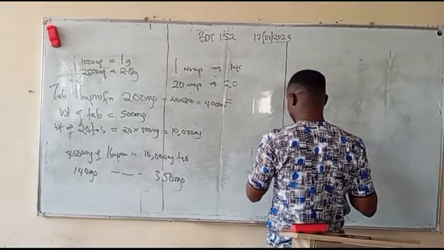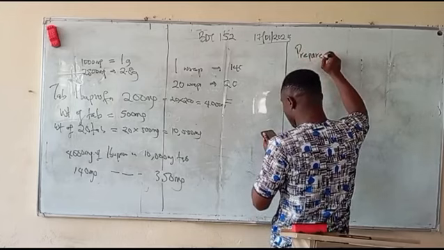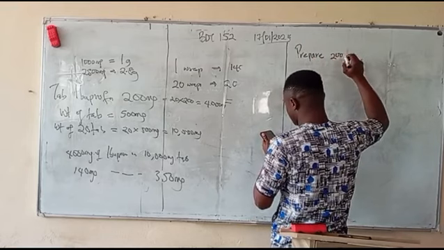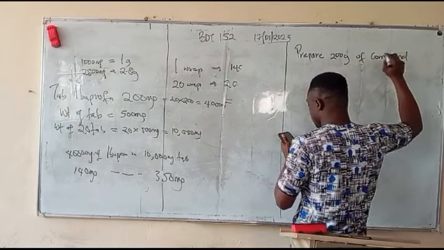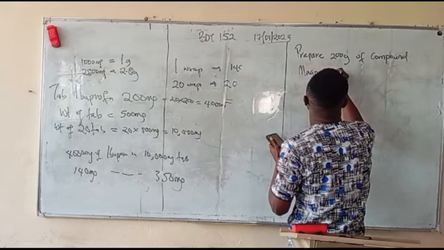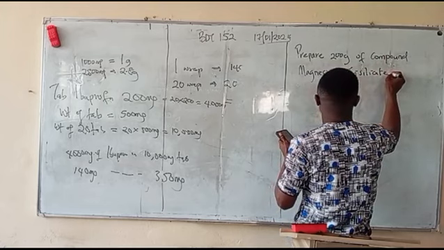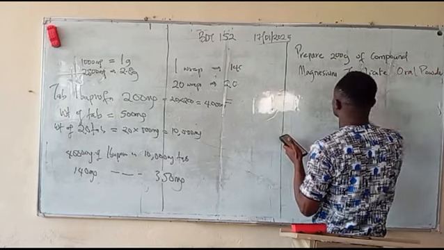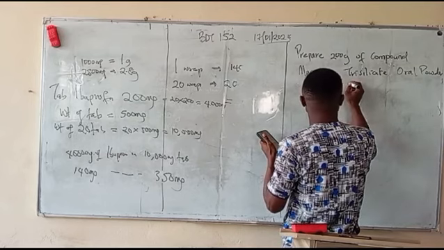Now, the question says, prepare 200 grams of compound magnesium trisilicate oral powder BP 1988.